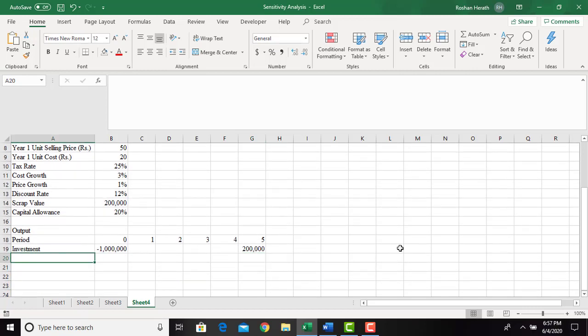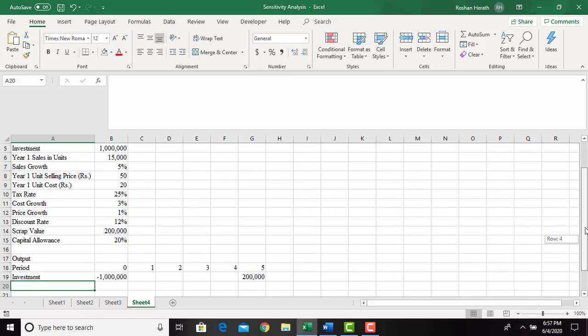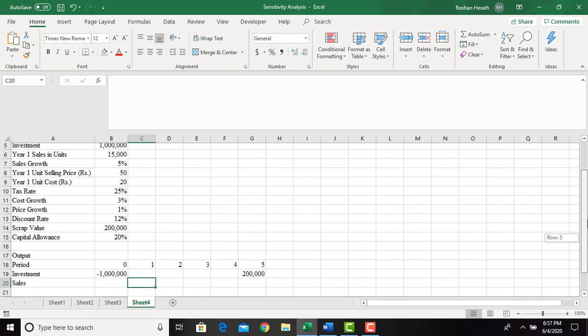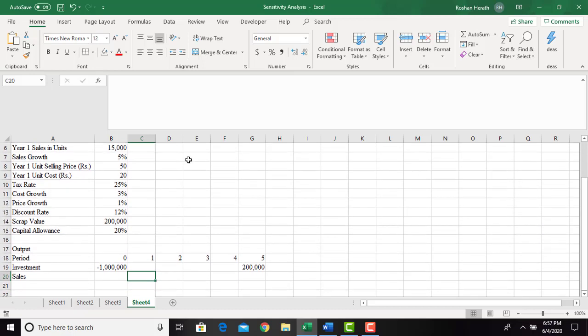Then you can go for the sales the question gives you. So in year 1, how much is the sale? The year 1 sales units are given, so you can take that and make it constant and multiply it by the year 1 unit selling price.